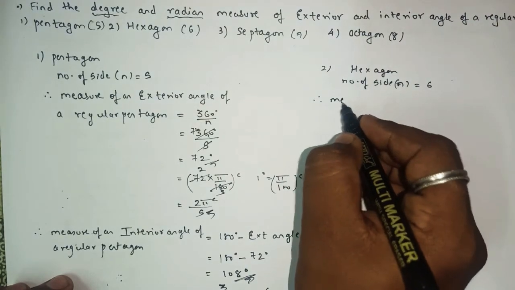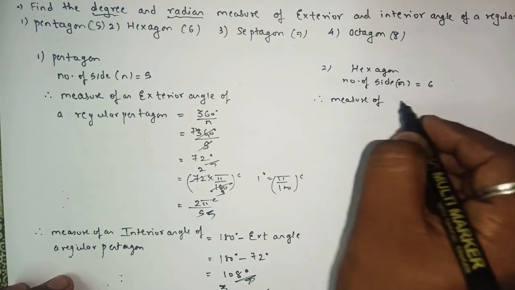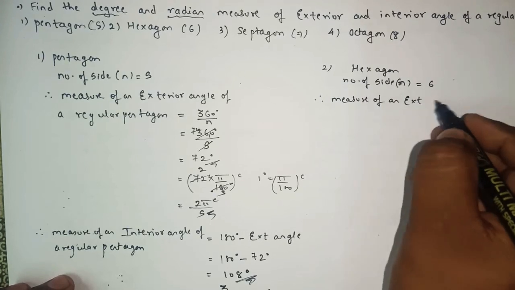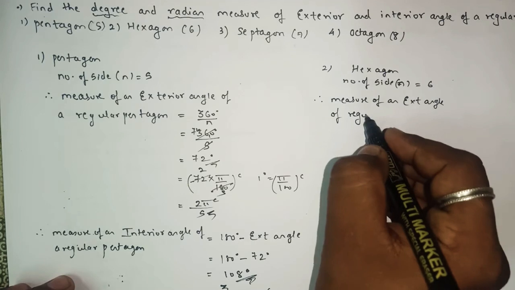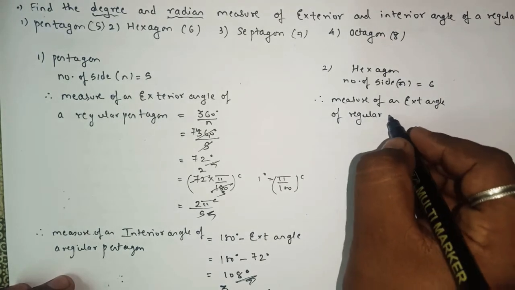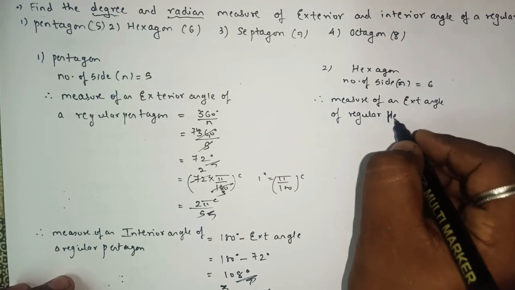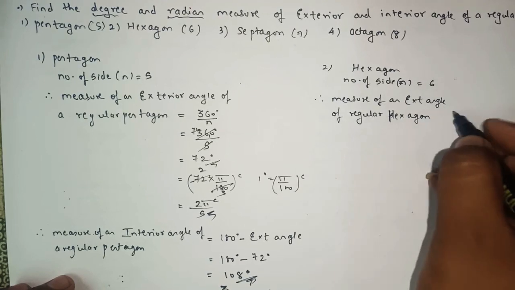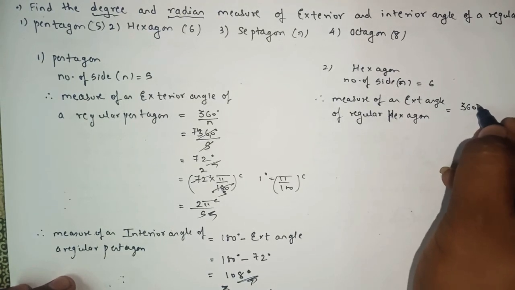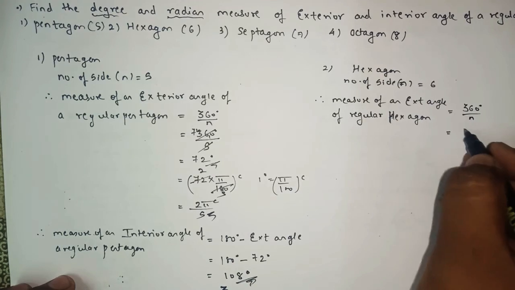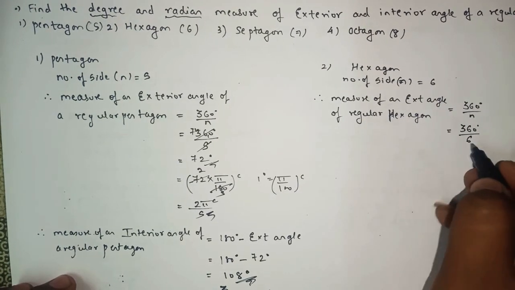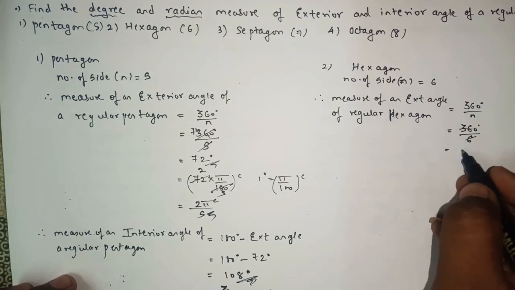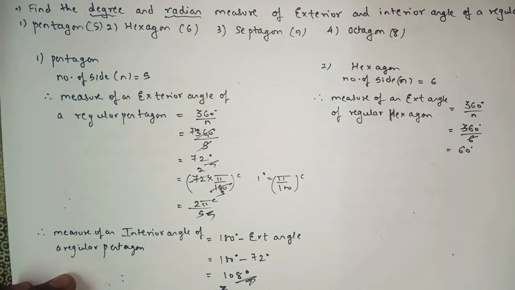So first we'll find the measure of an exterior angle of a regular hexagon, which is equal to 360 degrees upon n. n is the number of sides, how many are there? 6. So 6 ones are 6, 60. So here we got the answer in terms of degrees.